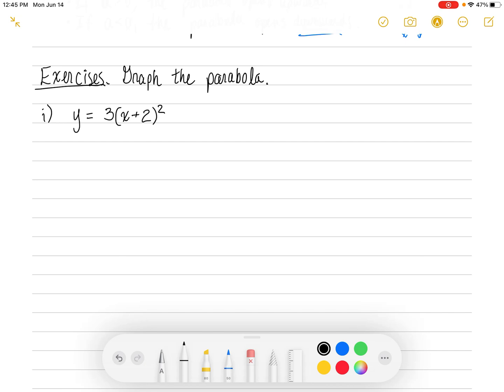Number one, let's say I have y equals 3 times (x plus 2) squared plus 1. We know this is a squaring function. The basic quadratic is y equals x squared, so that's your parent. That's the most basic parabola you can have.